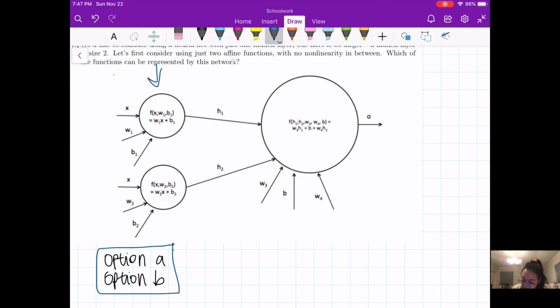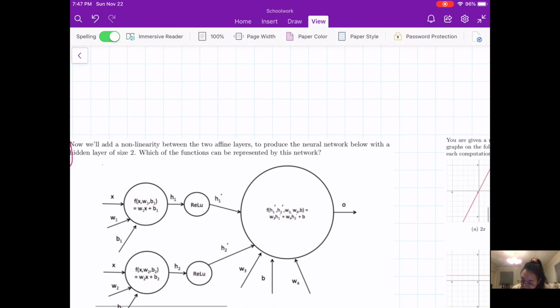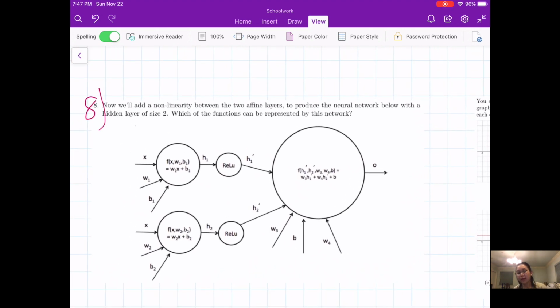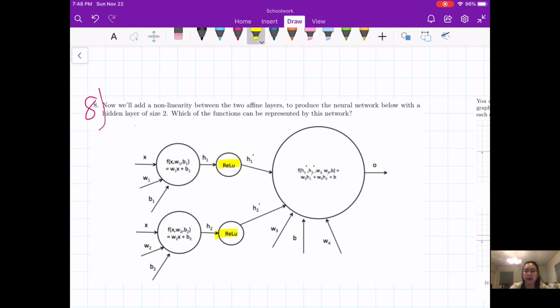And then last part is part 8. So we still have the situation where we have 2 layers, and the first layer has 2 nodes, but now we also have the added ReLU node. So we have added nonlinearity, which allows us to represent more functions.